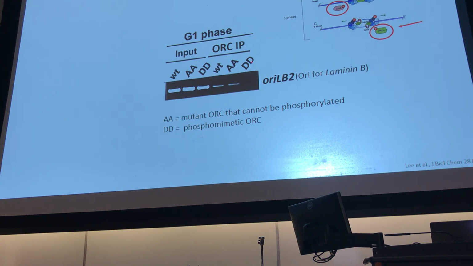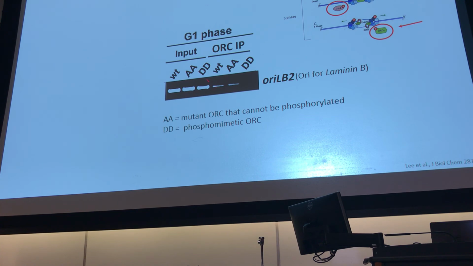If you can't phosphorylate the ORC, it stays stuck to the DNA. And then here, this is a phosphomimetic. Basically this is an ORC that thinks it's phosphorylated all the time, so it never binds to DNA. That's why you get no band in the ChIP assay.